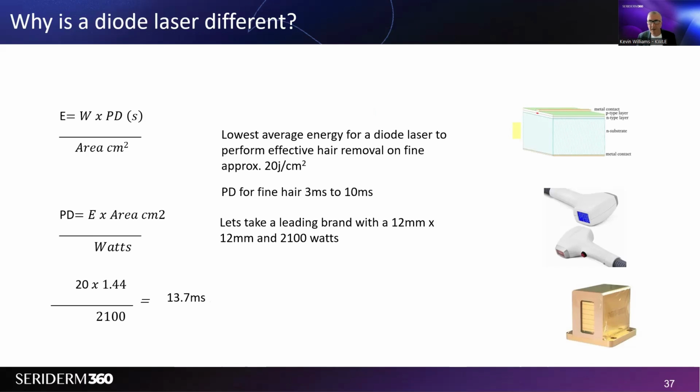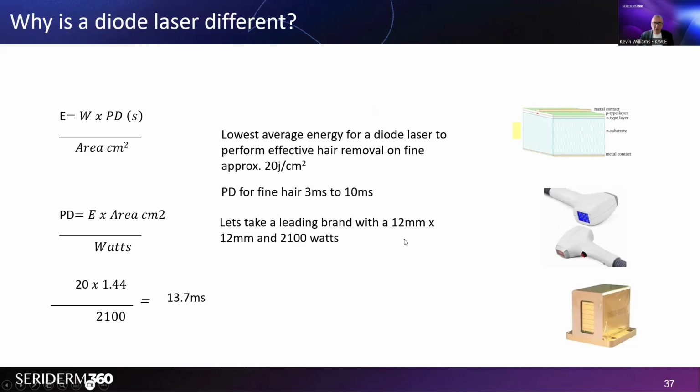Because they're low energy devices, they can't generate enough energy in a short enough pulse duration for certain conditions. So you very rarely see this type of diode laser with the diodes built into the handpiece like this. You very rarely see these being used for vascular conditions, and most of them don't work for fine to medium hair. Some of them are good for medium to fine. I haven't come across a system yet, in my experience, that treats fine hair successfully, like you would with, say, an alexandrite laser.